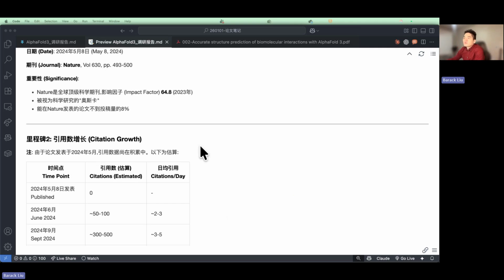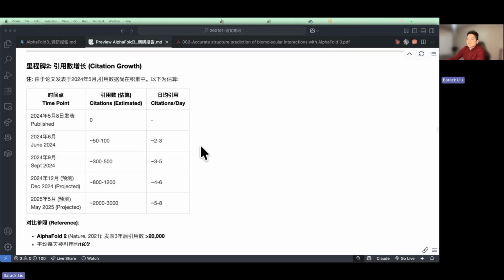Citation growth. Now it's already January 2025, but it didn't even get the data, it was just projected. So you see, there's some hallucination.